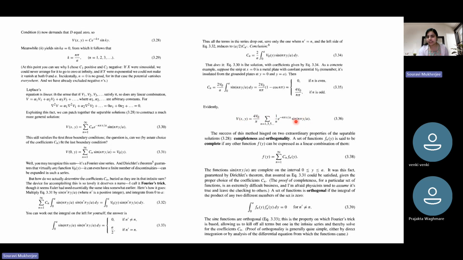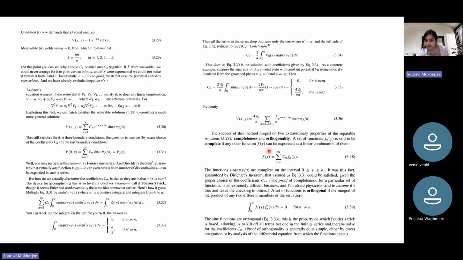In these kinds of questions, later, when we talk about spherical coordinates, we would again use this orthogonality, but there we would bring in new orthogonality conditions because the functions will be different. But for this method to work, we have to have a set of functions which are orthogonal and complete. What do we mean by complete?